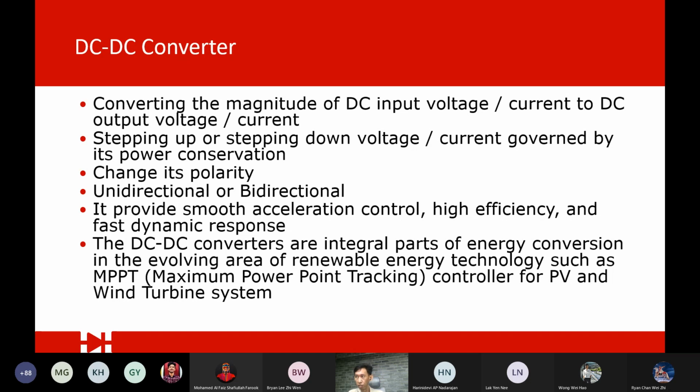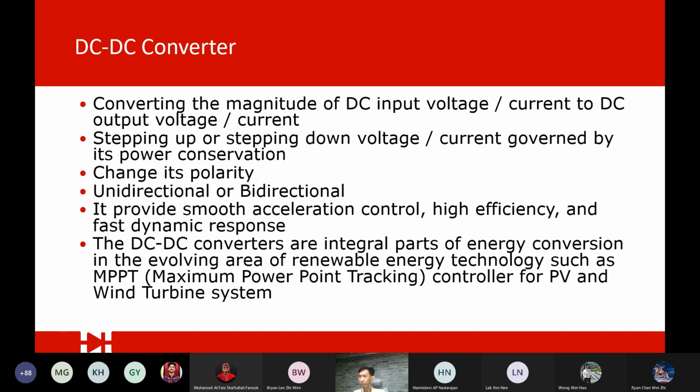So for the DC-DC converter, it is in fact much simpler, because you are basically just converting its magnitude. It is either stepping up or stepping down the voltage. And of course, the other thing is that DC has polarity, the plus and minus, and you can change the polarity as well.